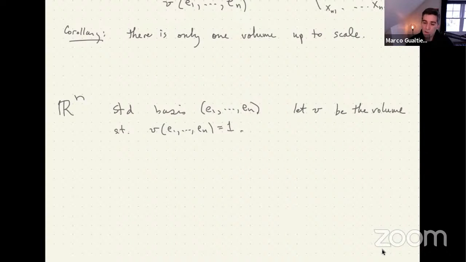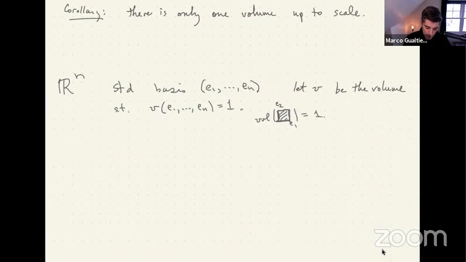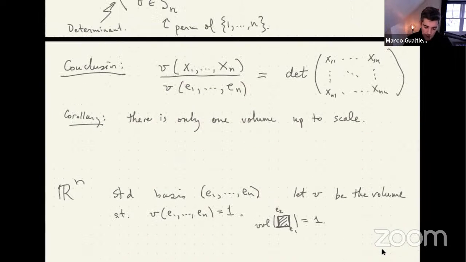And that's good because we know that the unit cube in n-dimensional Euclidean space should have volume 1. Okay, but the nice thing then is that the volume of any list of vectors is simply given by the determinant.